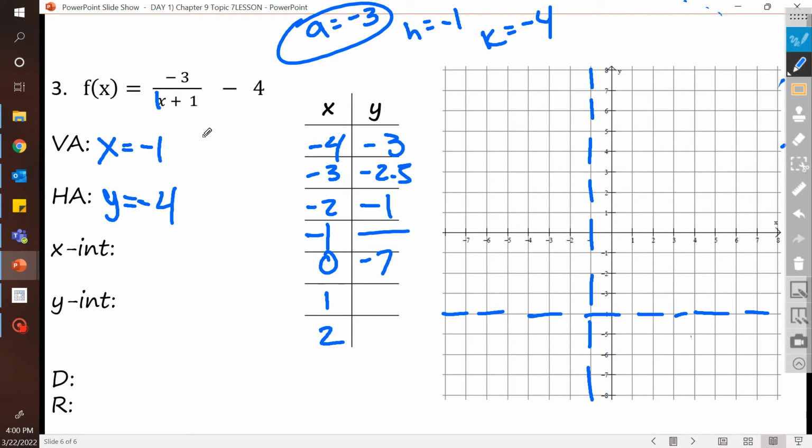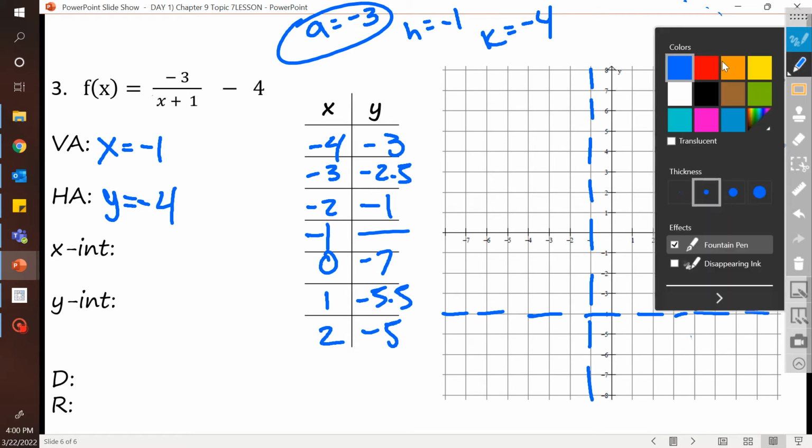Plug in 1. -3 over 2 minus 4, so that's -1.5 minus 4, so -5.5. And then we'll plug in 2: -3 over 3 minus 4, so -1 minus 4, which is -5. Okay, we got all the points we need. We can now put these on the graph.